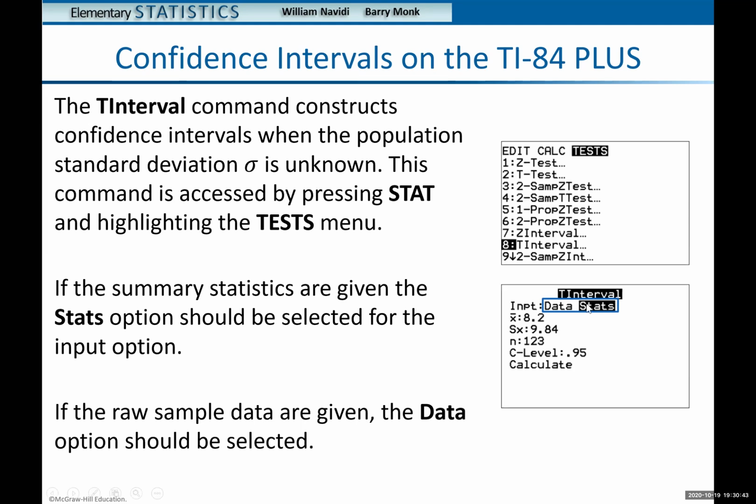So stat, test, scroll down and you will see T interval, that is number 8. If given statistics on this problem, you will see a sample mean, sample standard deviation, n, and the confidence level. If you have the data given, then you have to highlight data and enter it into L1.